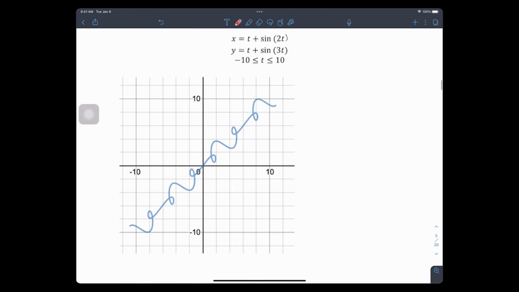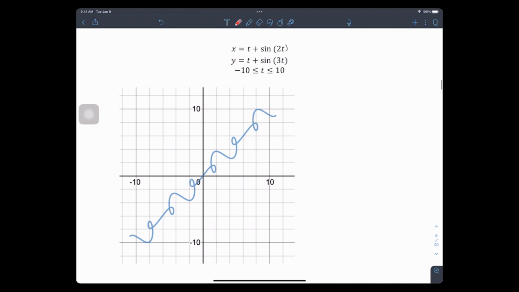And then, believe it or not, a lot of these curves are a lot more sophisticated than you think. Like this curve, there's a lot of complexity to this curve. It's defined as x being t plus sine 2t for the x coordinate, and the y coordinate is defined to be t plus sine 3t, where t goes from -10 to +10.